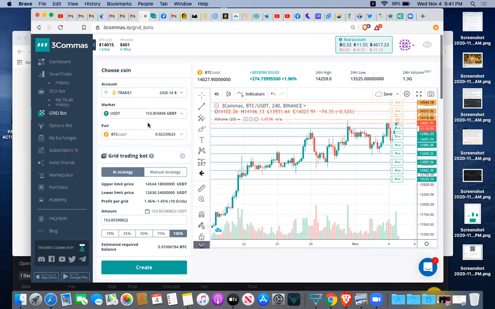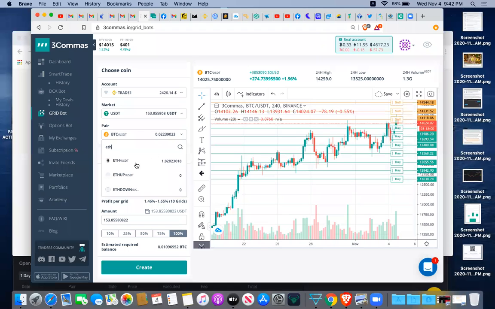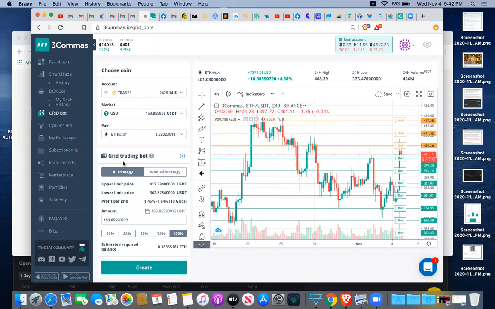Okay, let me check another thing. Let's check ETH. The upper limit maximum, wow, $417.